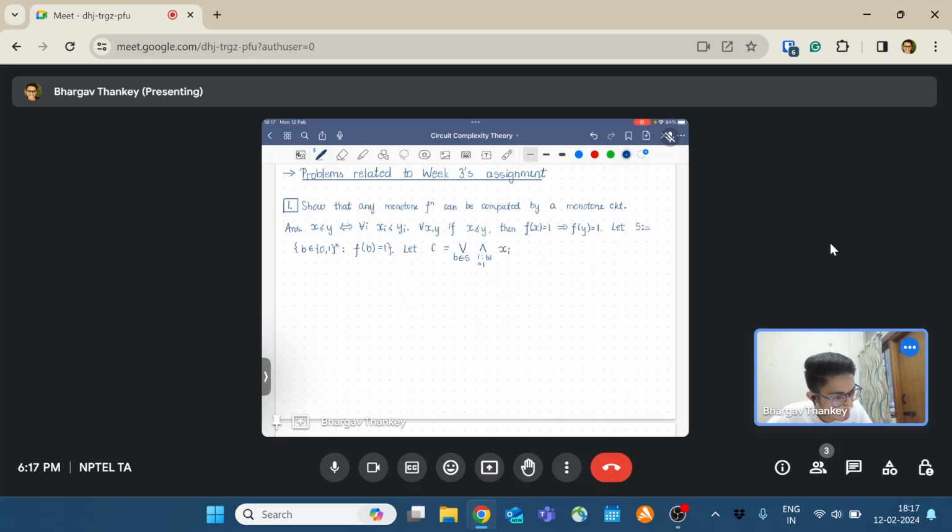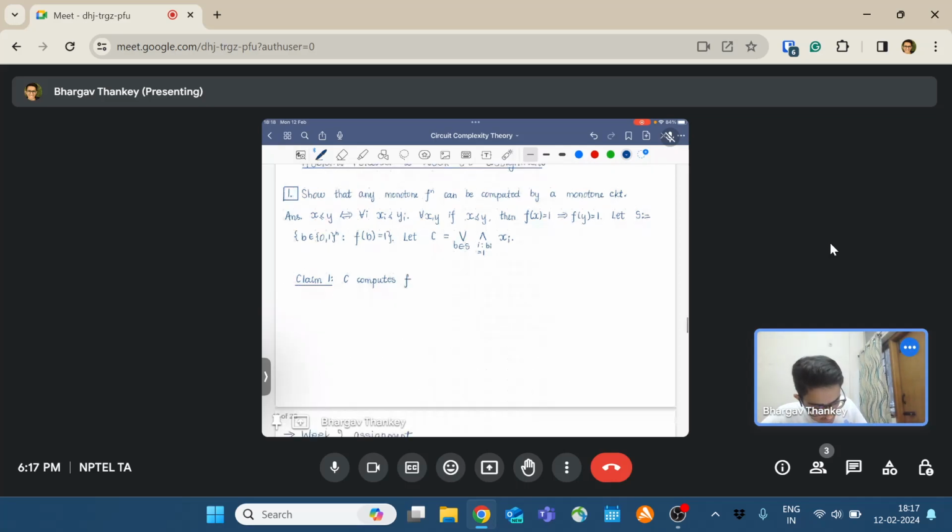Yeah, so this is the circuit. And now what's the claim? The claim is C computes f.